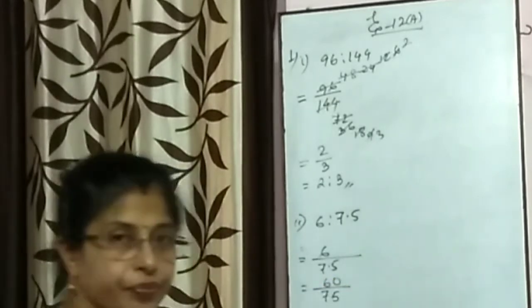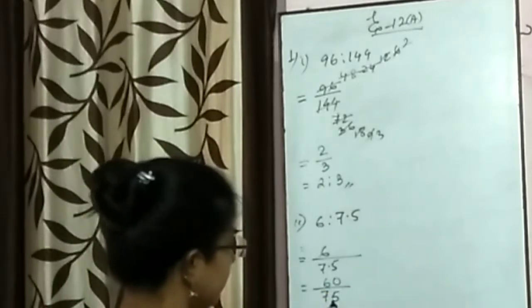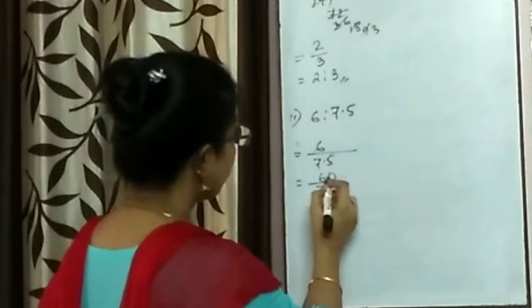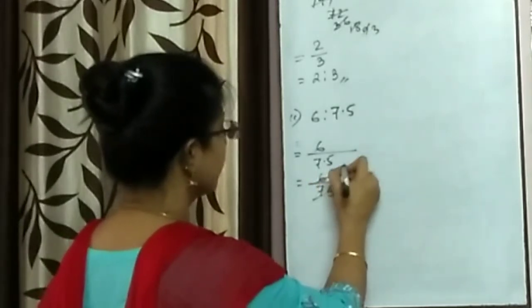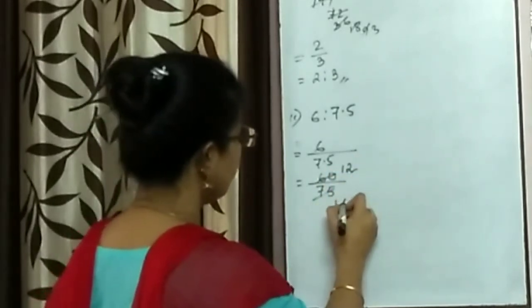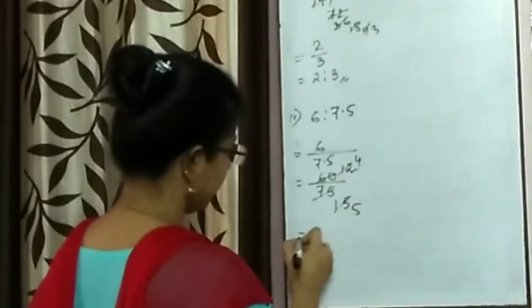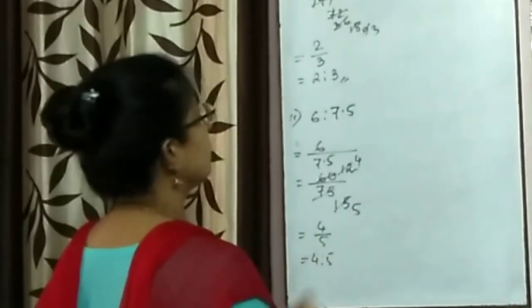Then again, by which number will it be cancelled? We have noticed there is 0 and here is 5 at the unit place. So both will be cancelled by 5. 5 1s are 5, 5 2s are 10, 5 1s are 5, 5 5s are 25. Now by 3. So we have got 4 by 5. Finally you write 4 is to 5.